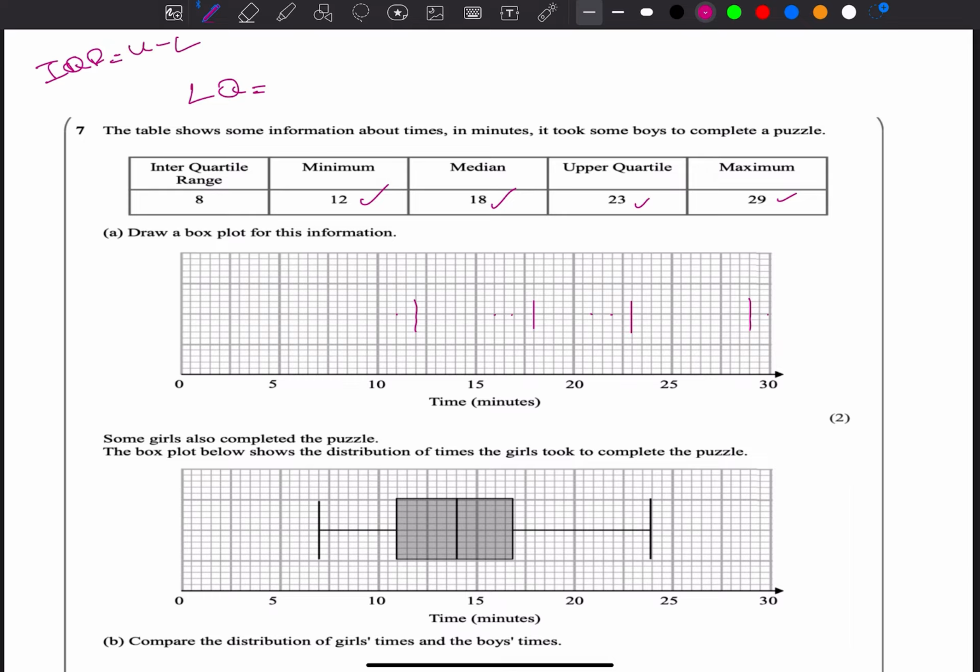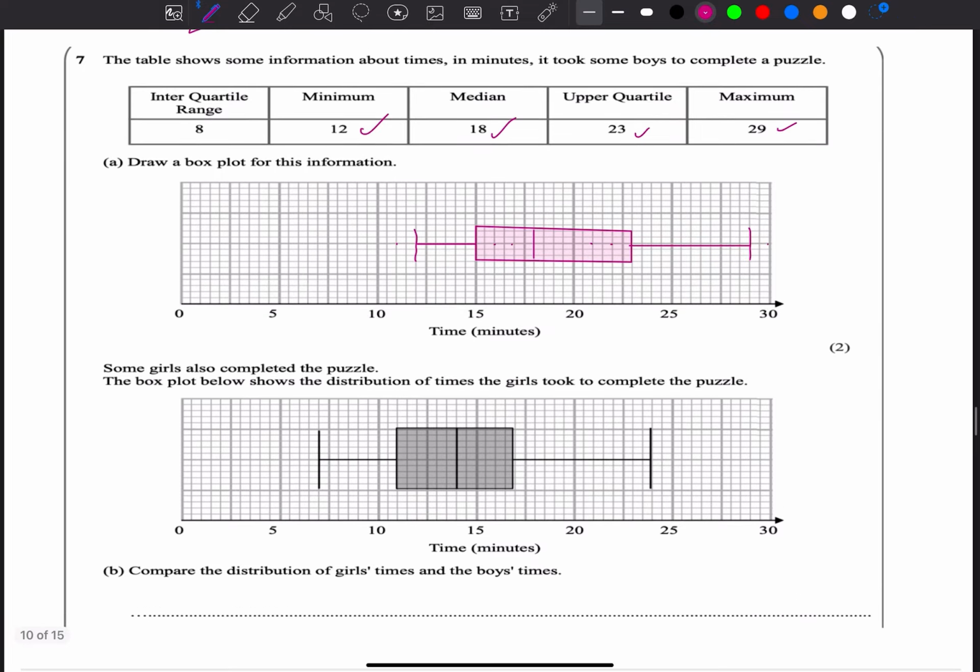Would it make sense to add the interquartile range, or take away? It would make sense to take away, isn't it? 23, take away the 8. The lower quartile is 15. And that's what it should look like.